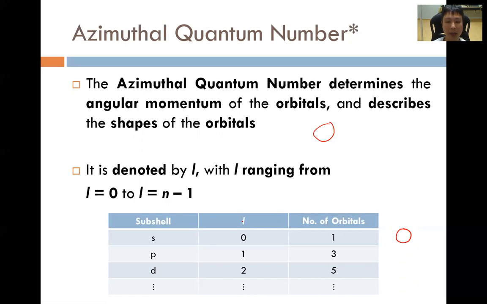On the other hand, if L equals 1, we will give rise to the shape of the p subshell, and later, as we will see, the shape of the p subshell is in the form of a dumbbell. Okay, so L controls the shapes of the orbital, whether it is a sphere, a dumbbell, or if it's in the d subshell, the orbitals are in the shape of a clover leaf, as seen like this.